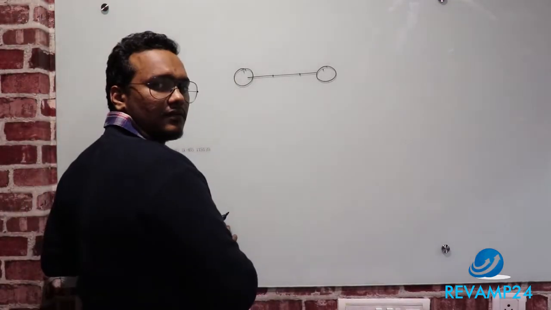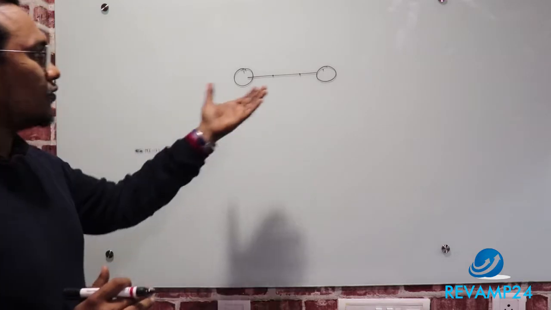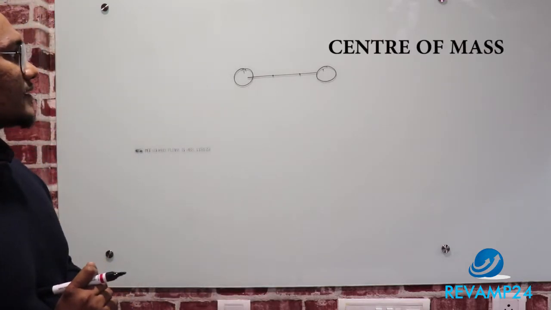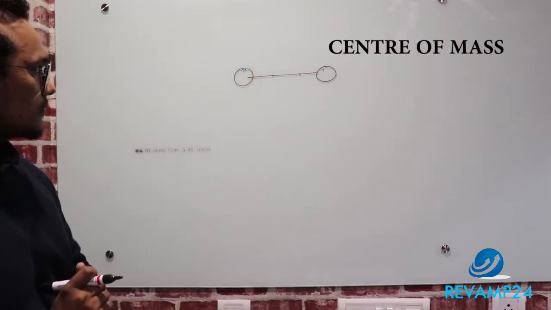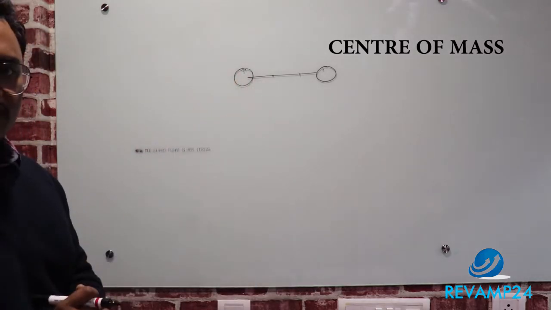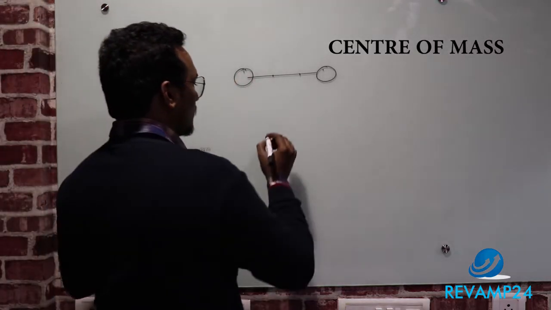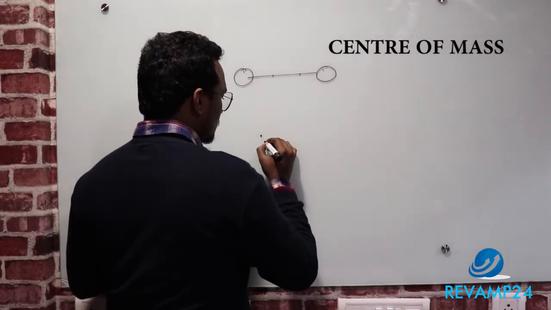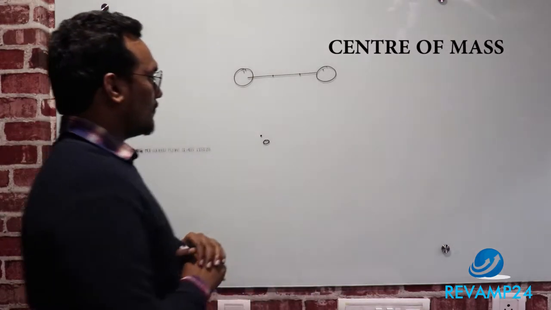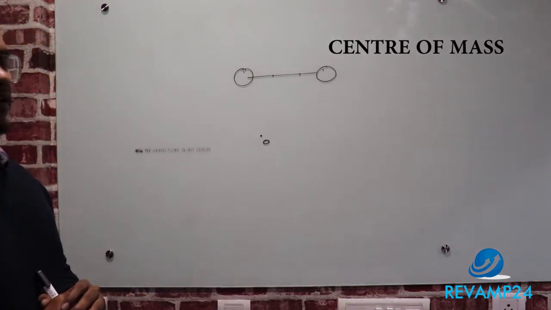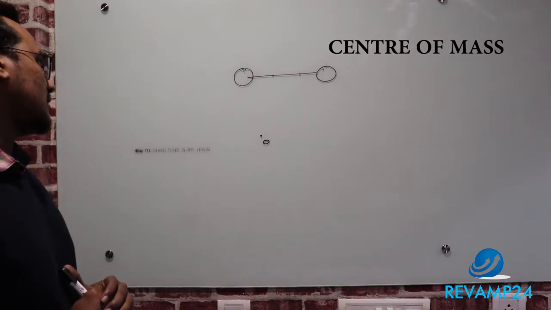So to find the center of mass of two masses which are connected by a connector, which is also rigid, how do we find it? You have a reference point. This is point O. From this reference point we are going to take the measurement to the different masses.